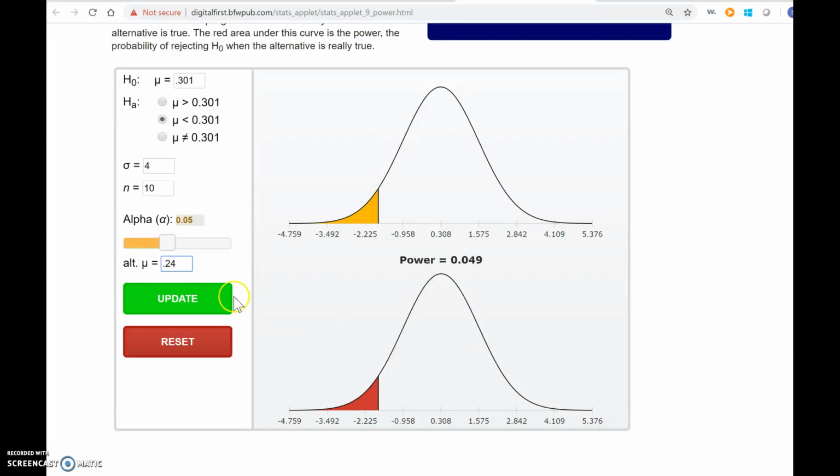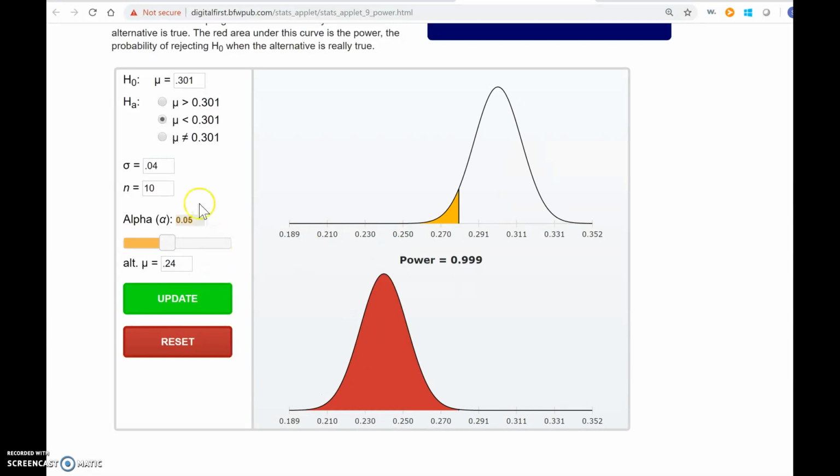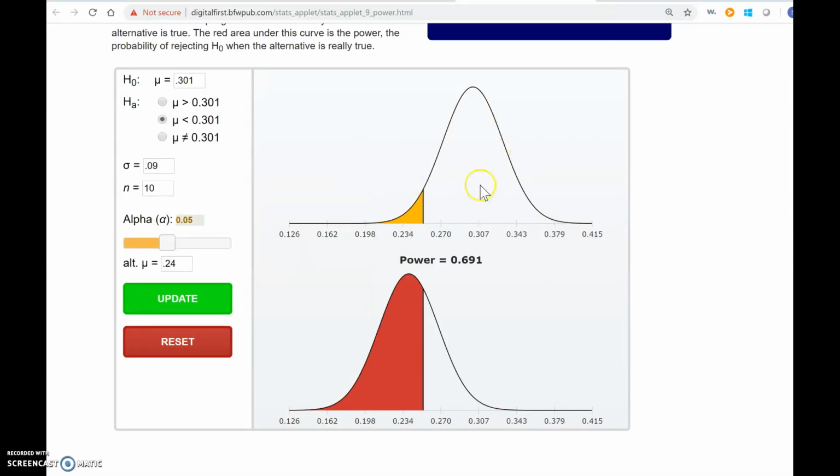I do have a proportion applet, but yeah, I'm sorry about this. All right, let's just do this, I guess. All right, so we can still talk about it, even though this isn't really the right applet.